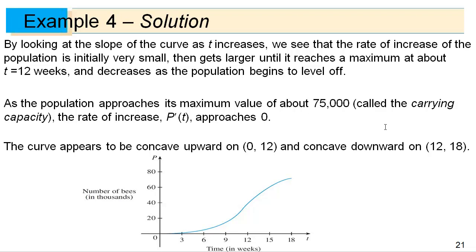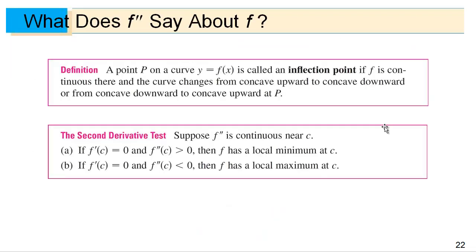That would be the actual inflection point. Sometimes you'll want to know x, sometimes you'll want to know x and y. We can find that inflection point because that's where the function changes concavity. It goes from concave up to concave down, or vice versa, concave down to concave up.